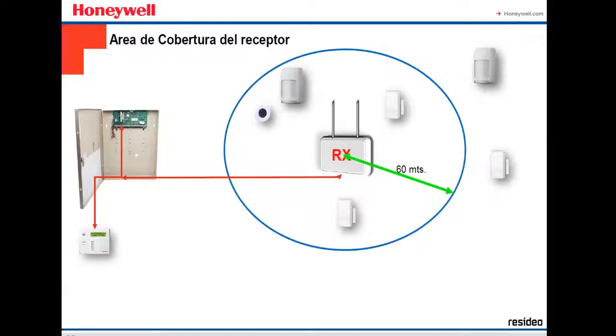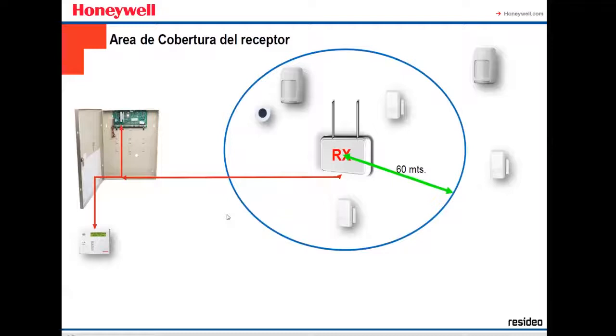That's the range it's going to cover. Whatever is outside, in this case we've got two devices outside, is not in range and won't communicate with the receiver, but all the other ones will communicate with the receiver.